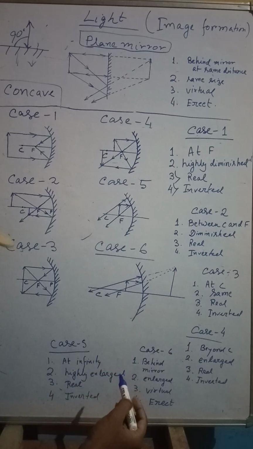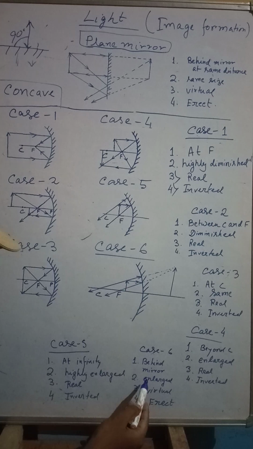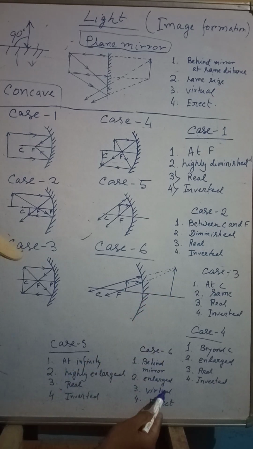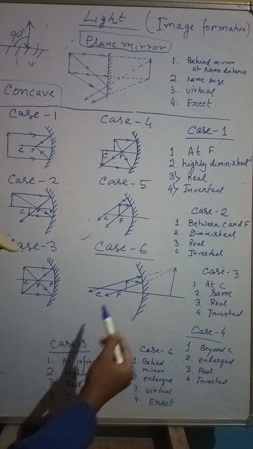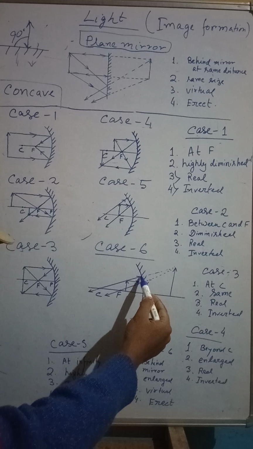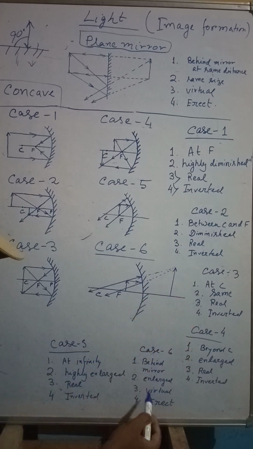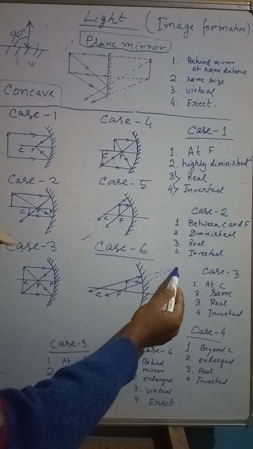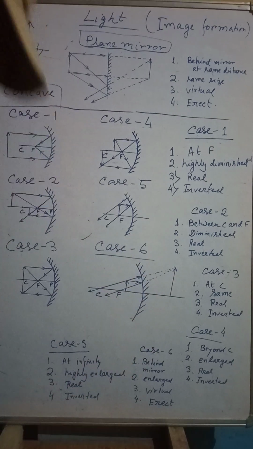You can see the image is formed behind the mirror, and it is an enlarged image. It is a virtual image, because the reflected rays do not actually meet in front of the mirror, so I have to extend the reflected rays behind the mirror. And it is an erect image. This is the top part of the object, this is the top part of the image. So this is an erect image.